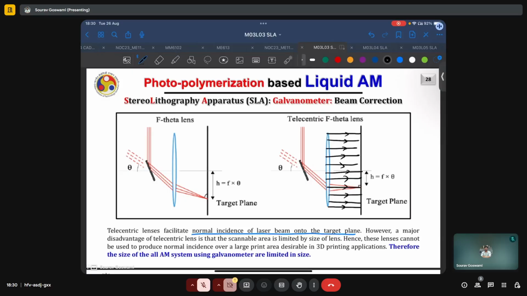And having precise optics is a very costly affair, not to mention that they will be difficult to maintain, and a lot of care must be exercised in the usage. And so we do tolerate a small distortion in beam shape because of a deflection, but we use f theta lenses for their wider applicability and their ability to scan over considerably larger areas compared to a telecentric f theta lens.